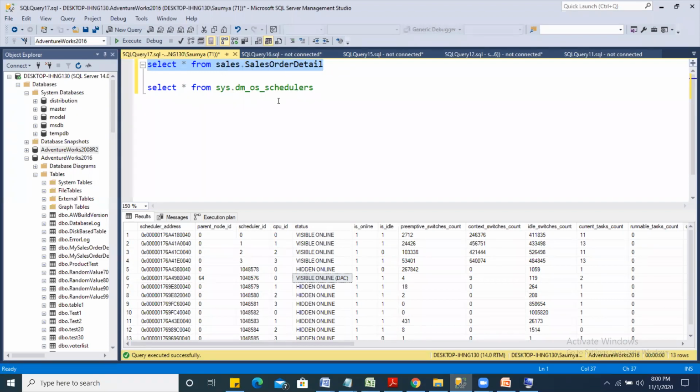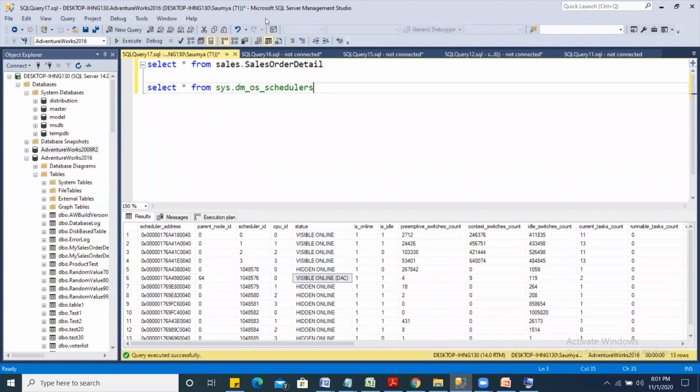If it is a serial plan, it will be a single-threaded query. If it is a parallel plan, it will be a multi-threaded query. So considering a serial plan is generated, it's a single-threaded query, right? So how will this query as a thread execute? It will go under a scheduler.